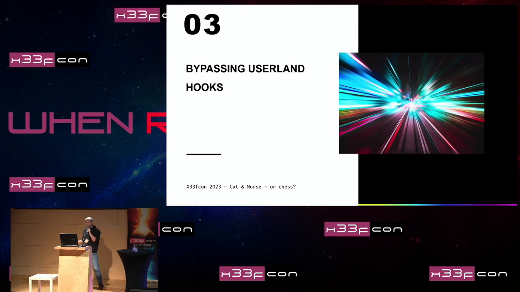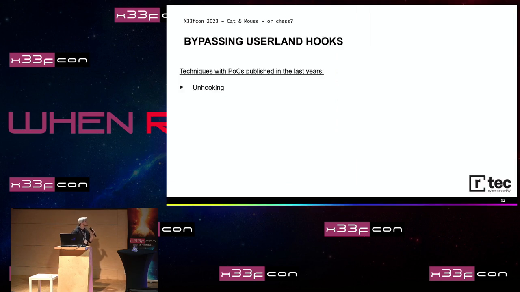So what was actually published in recent years to bypass userland hook-based detections? On the one hand, there is unhooking. I'm giving a short explanation about how that works. Then there is the usage of direct syscalls, which I'm also going to explain very shortly, because the focus here is on a new technique.